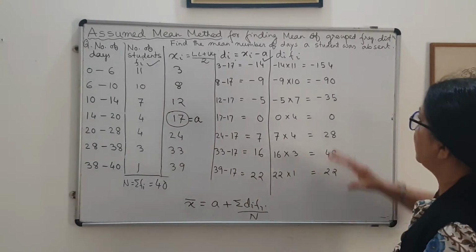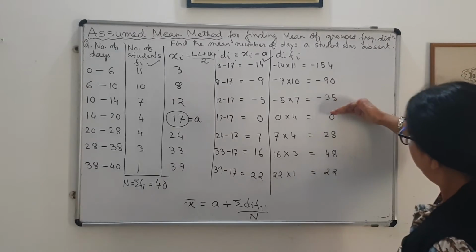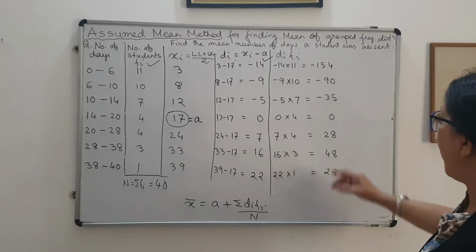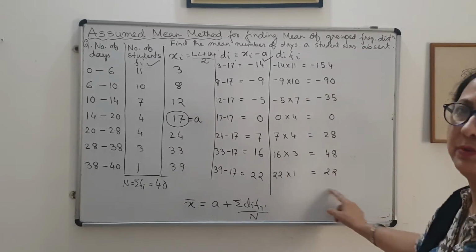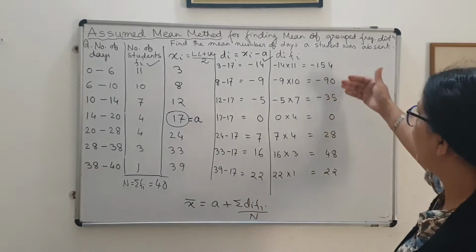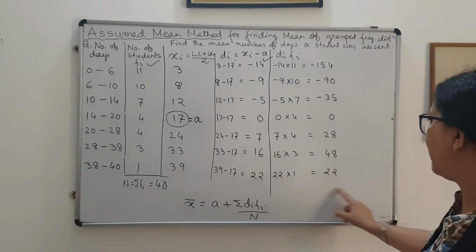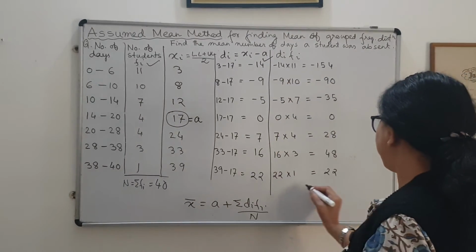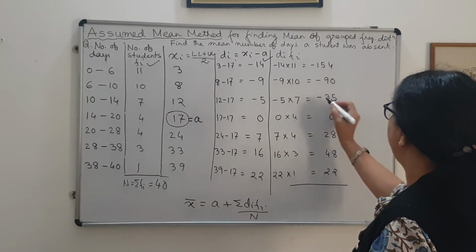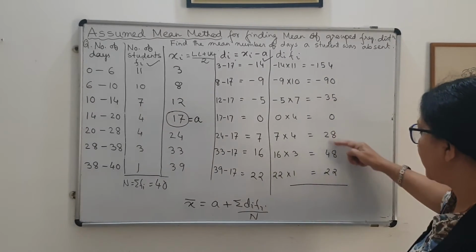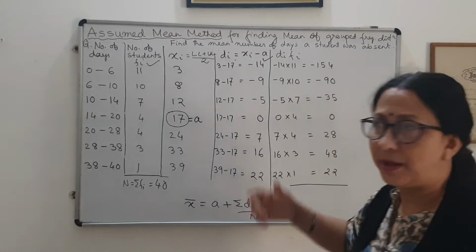Now if you observe, in the assumed mean method, 50% of the values are negative and 50% are positive. So obviously when I take their sum, the value will be considerably small, unlike in the direct method, where all were positive. So the sigma xi fi is a very large value. In this case, you can first find the sum of all the negative values, then find the sum of all the positive values, then do the subtraction.